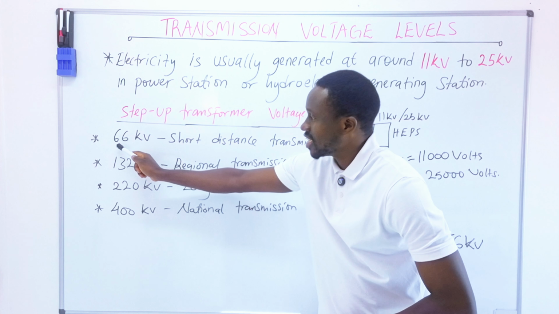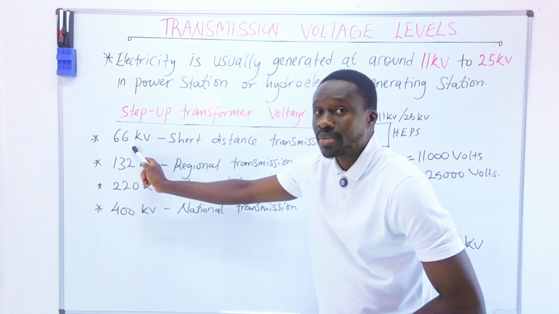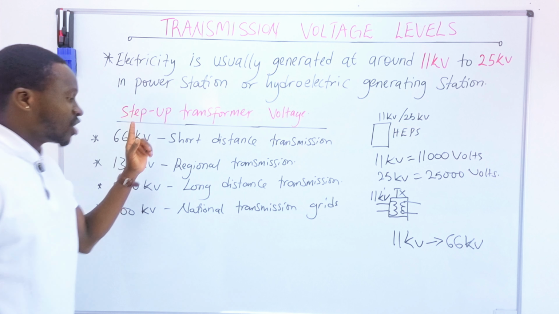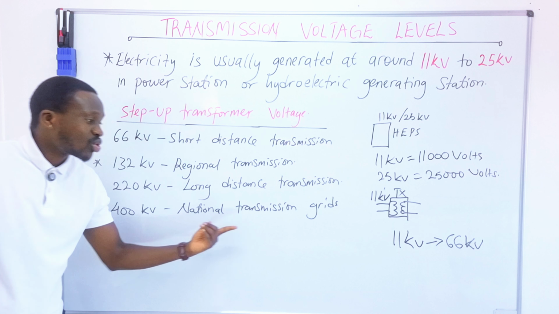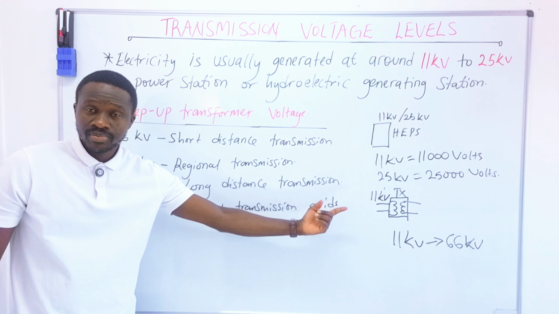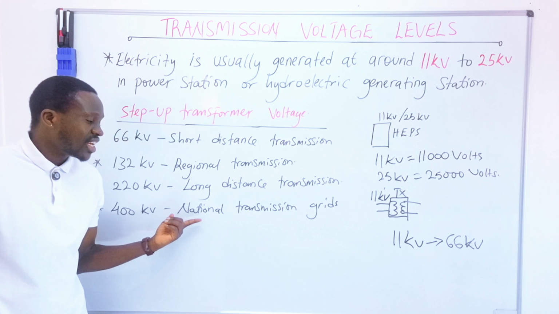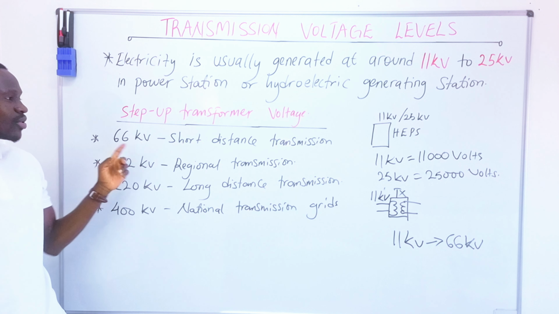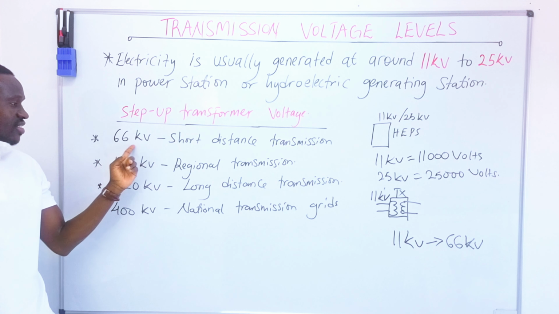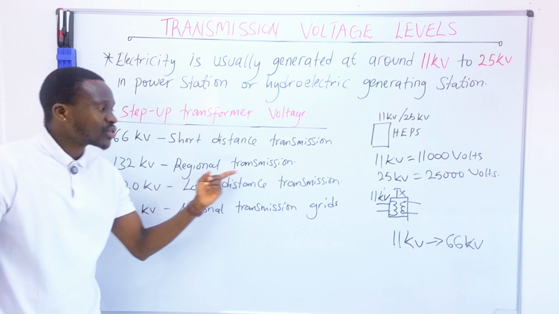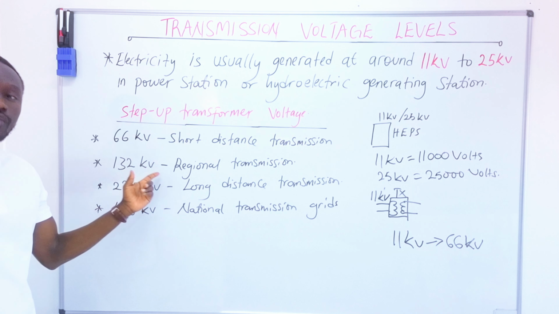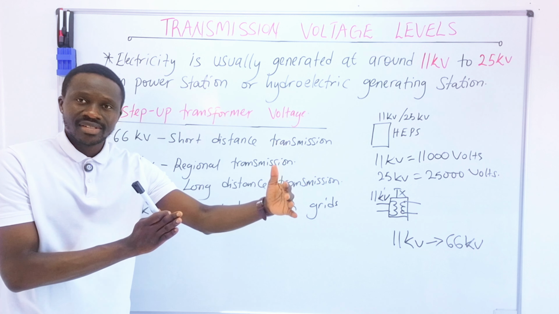Now you can't use a 66 kilovolt transformer when it is a national transmission grid. It is different. National transmission grid, it is national, as you hear. Now, in a short distance, we have 66 kV. In a regional transmission, we have 132 kilovolts. These are different transformers, okay?